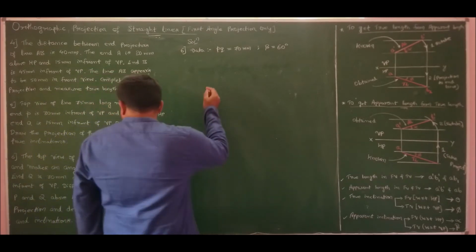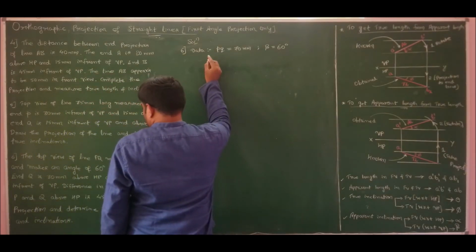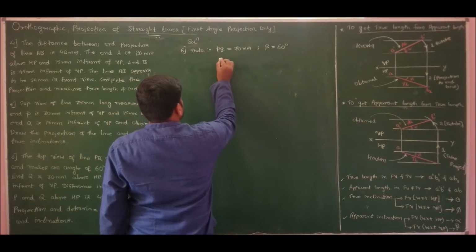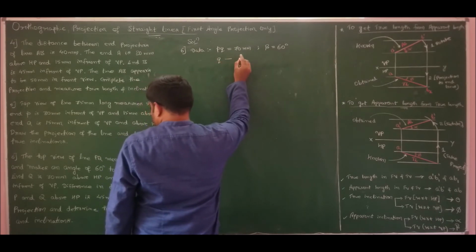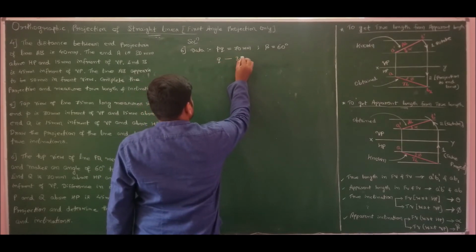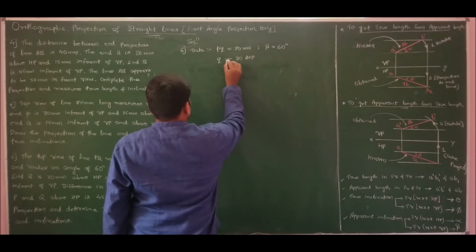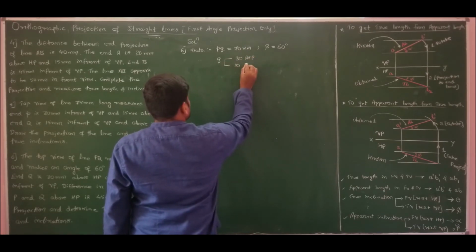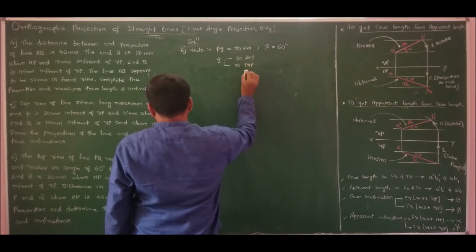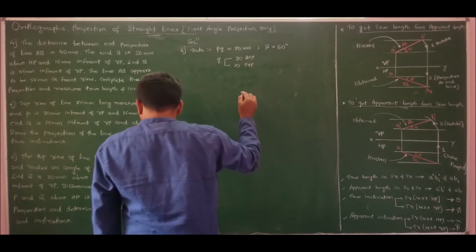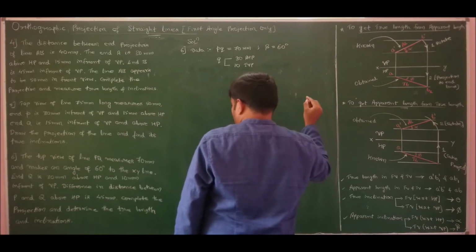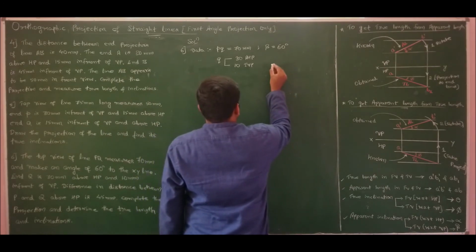Coming to the locus, we have specified end Q. End Q is 30 mm above HP and 10 mm in front of VP. The difference in distance between P and Q above HP is 45 mm.